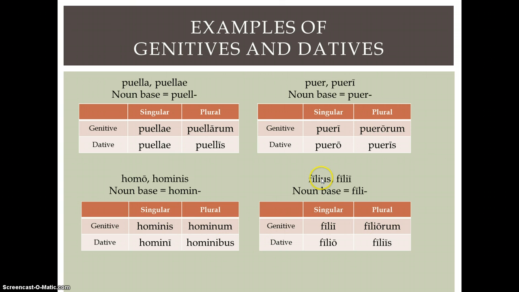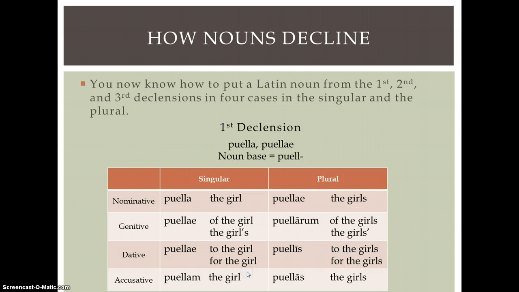And then for our second declension noun, filius, filii, the genitive is filii, dative filio, plural genitive filiorum, plural dative filiis. Okay, so that leads us to being able to do a general declension in at least four of the cases for first, second, and third declension nouns.